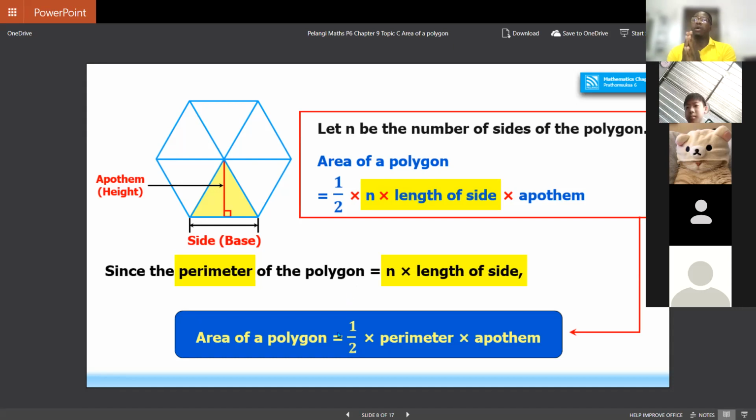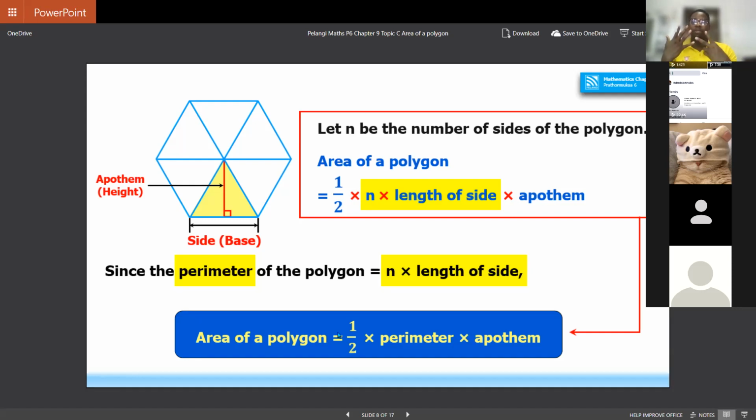So it depends on the question. If you have the perimeter, for example, I could say, what is the area of a polygon with a perimeter of 5 and an apothem of 2? I will repeat that question: what is the area of a polygon with perimeter of 5 and apothem of 2?